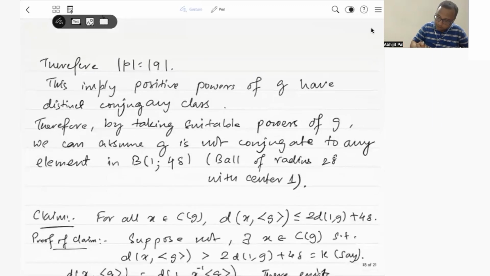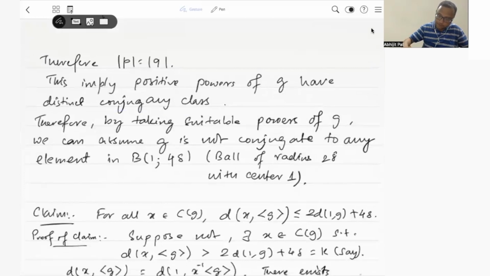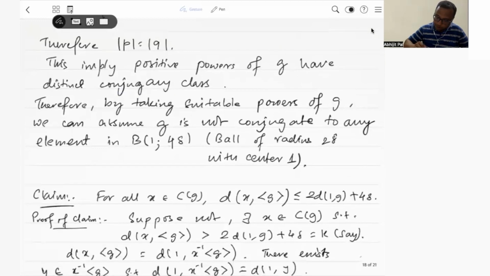So this implies positive powers of g have distinct conjugacy classes. Therefore, by taking suitable powers of g, we can assume g is not conjugate to any element of the ball of radius 4 delta with center 1.